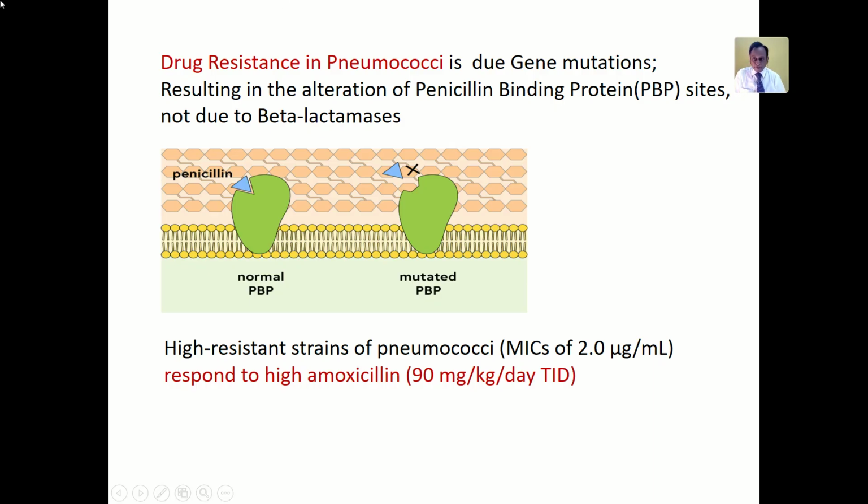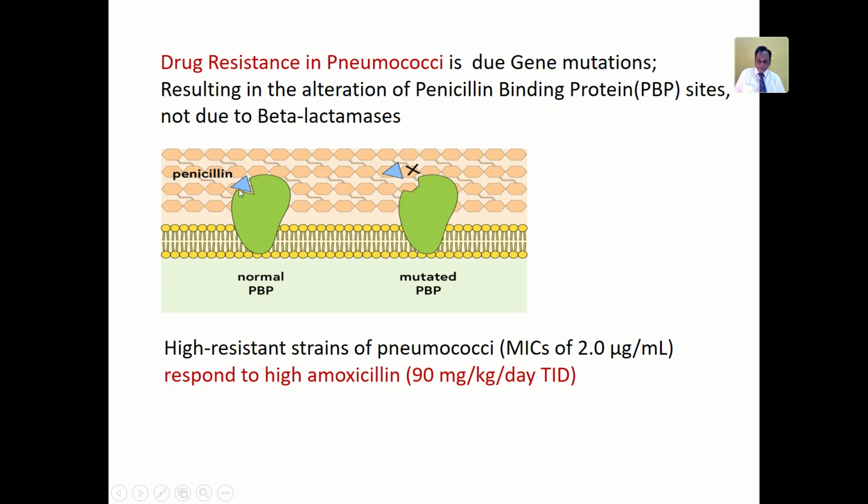Can you see that normally either penicillin or amoxicillin will act on the penicillin binding protein. But if you keep on giving antibiotics, drug resistant pneumococci develop because of gene mutations, and it simply alters the penicillin binding proteins. Okay?